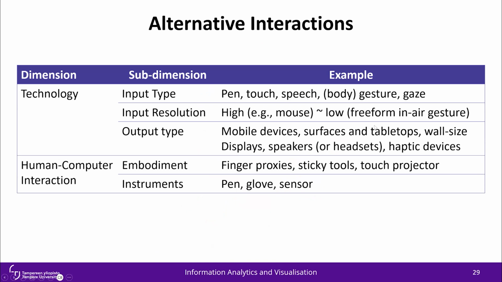So we end this up by talking about a little bit different alternative interaction methods. Like I said already in the beginning, or at least some point during the discussion, when we have different input devices, we can have a pen, touch, speech, body gesture, gaze, touch screen, and mouse of course being the most used these days. We have a different accuracy.